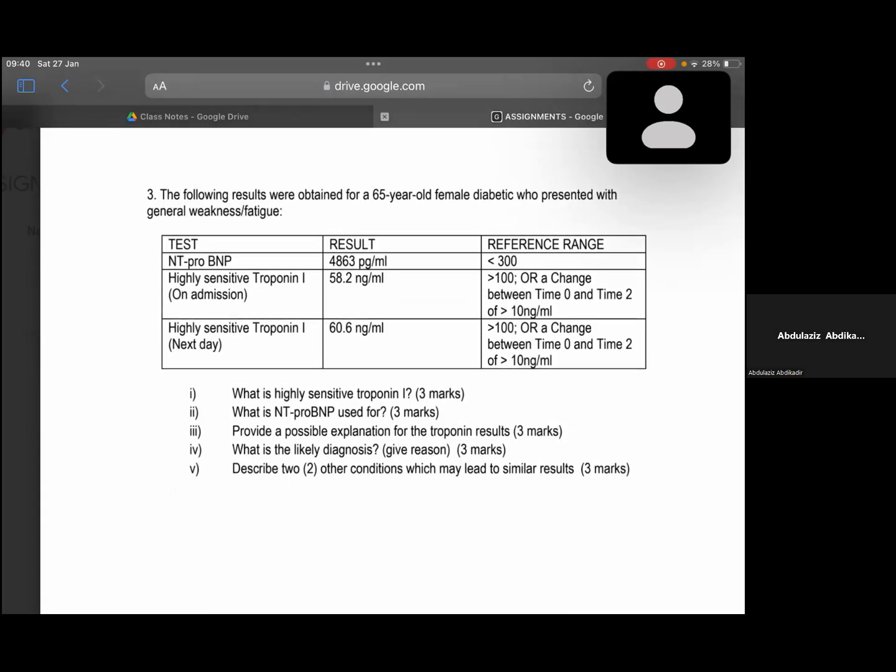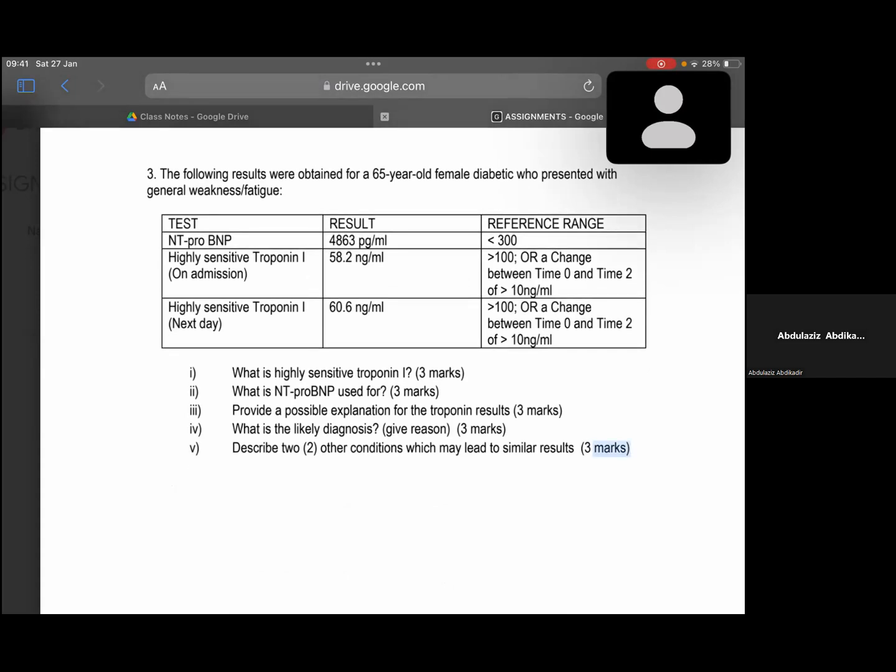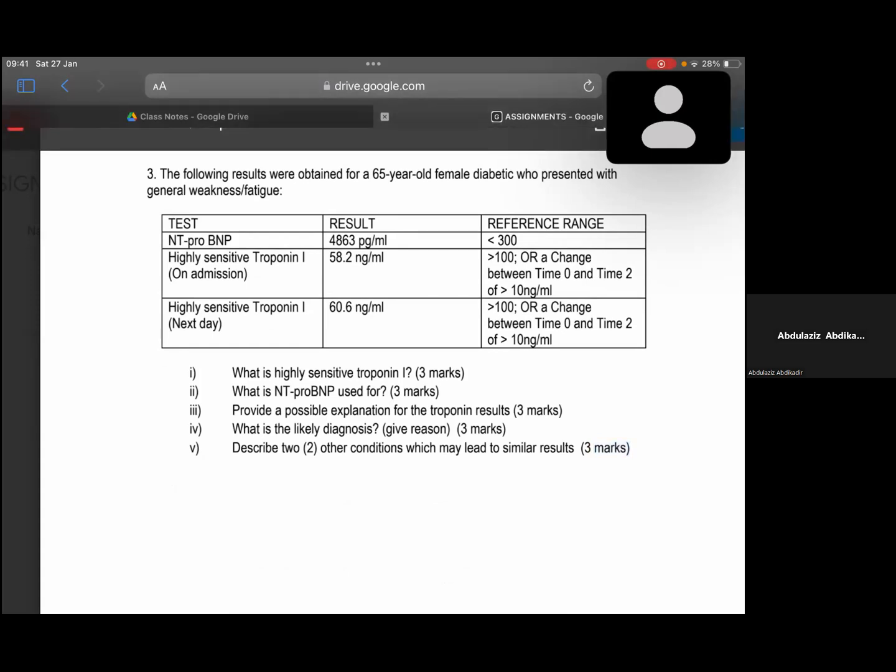I want us to cover this one. Okay, we can cover this one because the first one you guys were silent. We'll cover this one, then we'll do one more for LFTs, then we'll call it a day. So the following results were obtained from a 65-year-old female diabetic who presented with general weakness and fatigue.